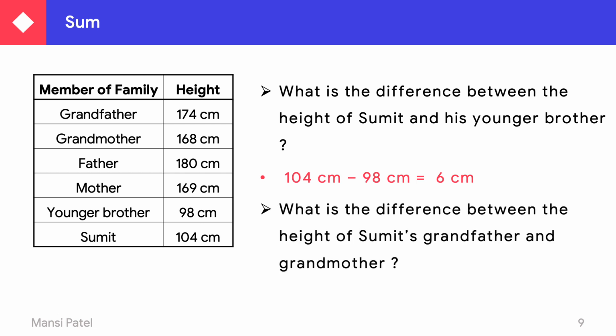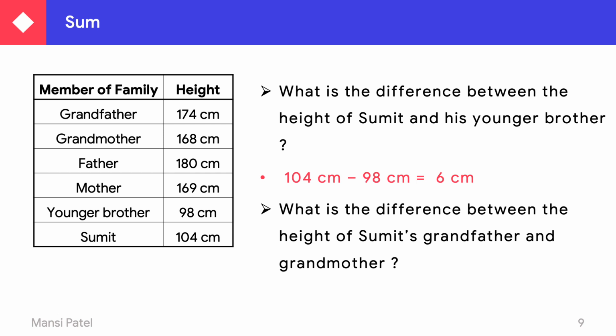Now, what is the difference between the height of Sumit's grandfather and grandmother? So here you have to do the subtraction because the question says that we have to do the comparison. We have to find out the difference between the height of grandfather and grandmother. So, whose height is biggest? Grandfather's height.